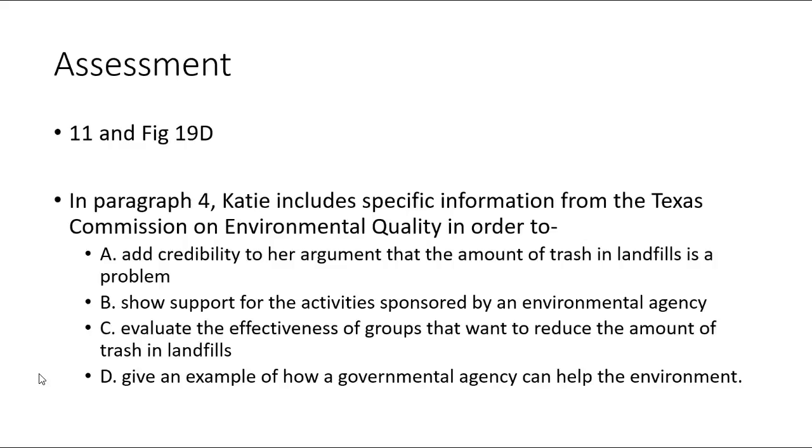Credibility is a big issue for our students that we need to help them understand. They need to know what is credible and what is not credible, and how you weigh that out. They also need to be able to use that word, credibility. So here they would look at what information was given, what source was used, the Texas Commission on Environmental Quality, and then what the purpose of that information was.